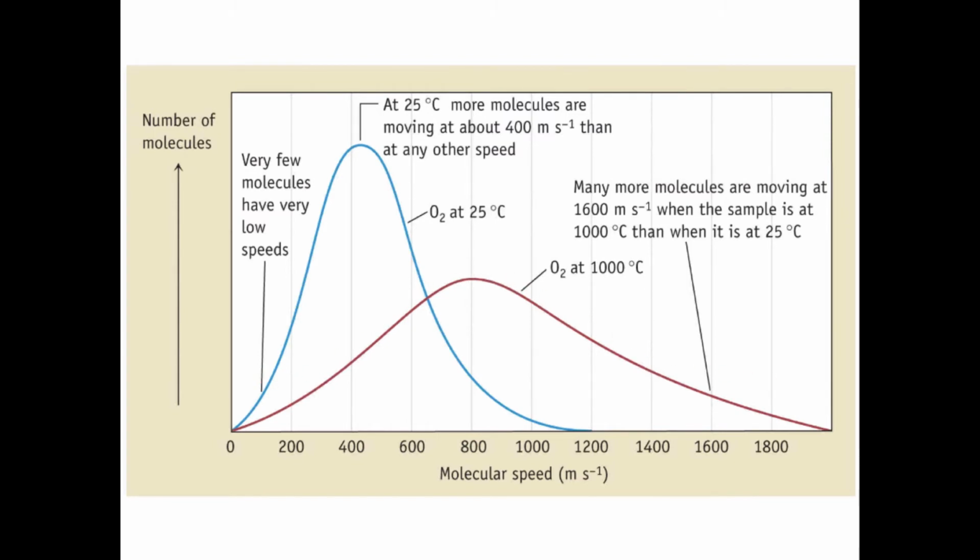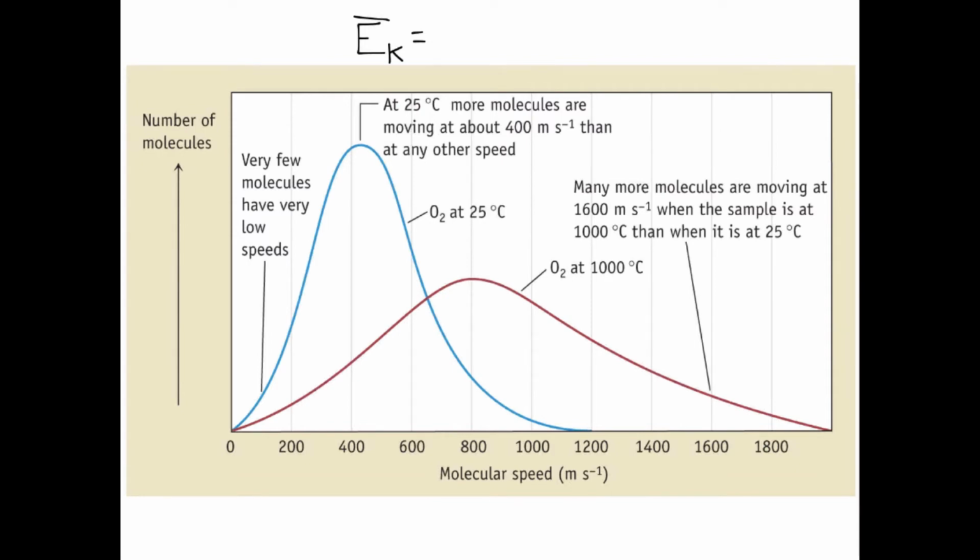And it's because of this that we can relate the average kinetic energy of my particles, which I will give the symbol E with a subscript K corresponding to kinetic, and a line over it corresponding to average. This is a common thing to do, to put a bar over a symbol to indicate the average value of that particular quantity.